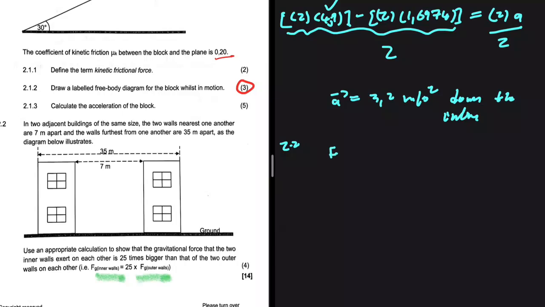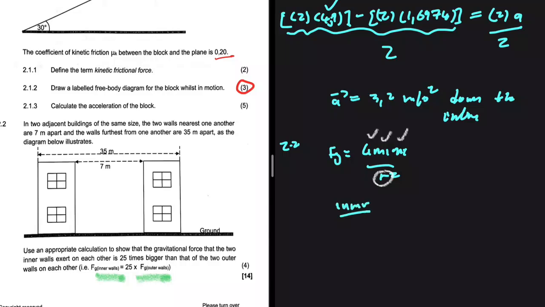Let's start there. Fg is equal to G m1 m2 divided by r squared. So everything else is constant except for the distance between the two walls. That is the only variable we are changing. Let's start with the inner walls.